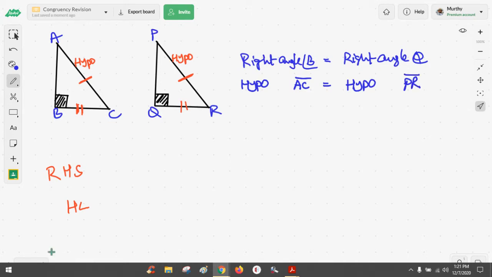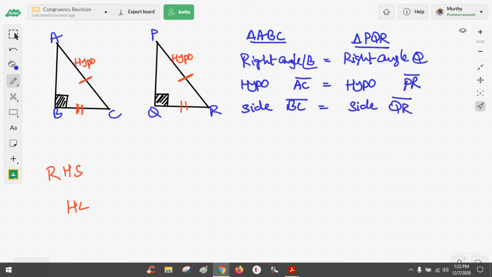In fact, if you can mention at the top which triangles you are taking, that makes more sense. Next, side BC is congruent, and here I am writing the equal sign, to side QR.